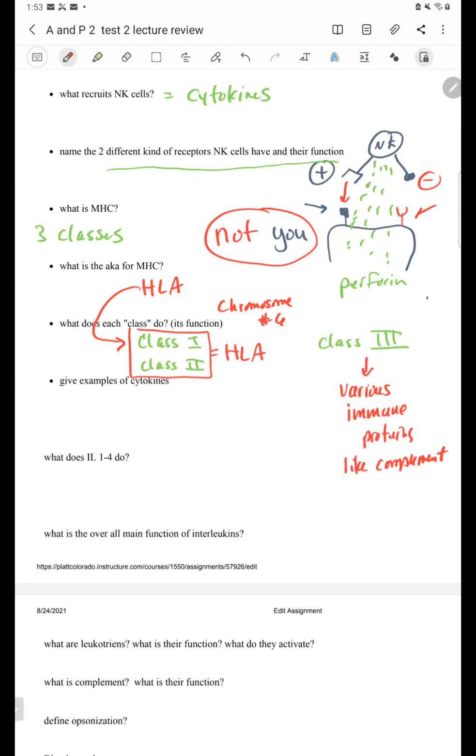So healthy cells are ignored and foreign protein cells are attacked, because the foreign will not have your self marker on there, your HLA marker.